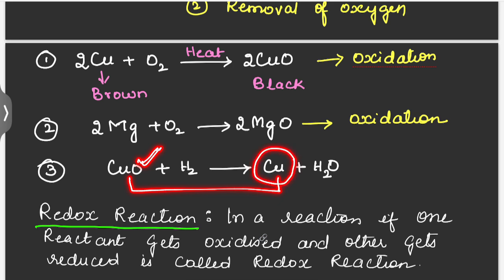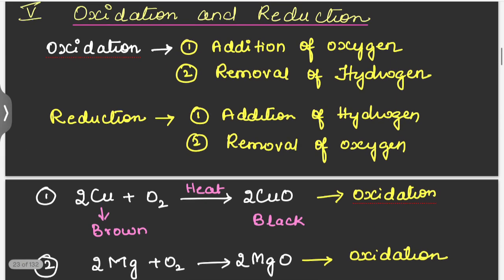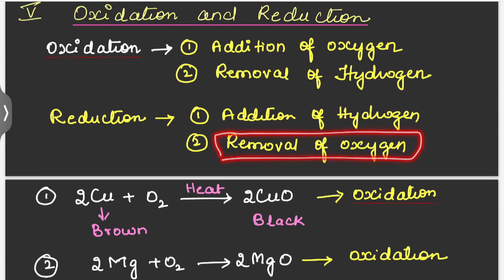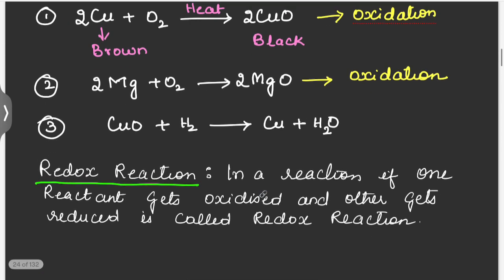Copper is formed, that is, this oxygen is removed and it is converted into copper. So here there is removal of oxygen. See the definition: removal of oxygen is called what? It is called reduction. Therefore, here there is removal of oxygen, so copper oxide undergoes reduction. I'll write here: reduction.